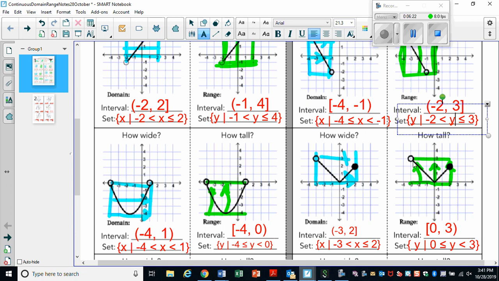So we get close to 3, but we're never going to truly touch it. And then our range will be from 0 less than or equal to y, because it's touching the x-axis, and less than +3, just a less than symbol because this is an open circle.